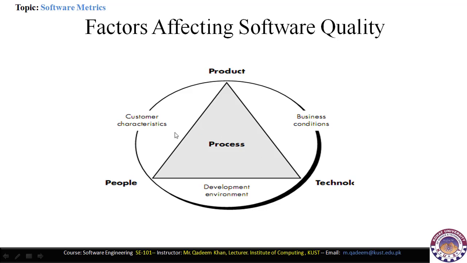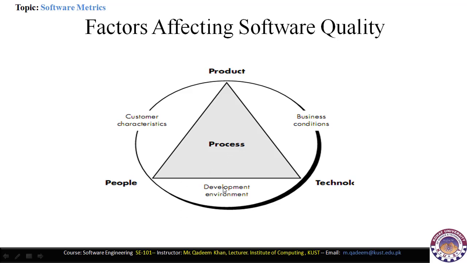Now, people have different customer characteristics, meaning that customers have different types of preferences. For example, a customer wants high quality software products in a short amount of time and within a reasonable budget.